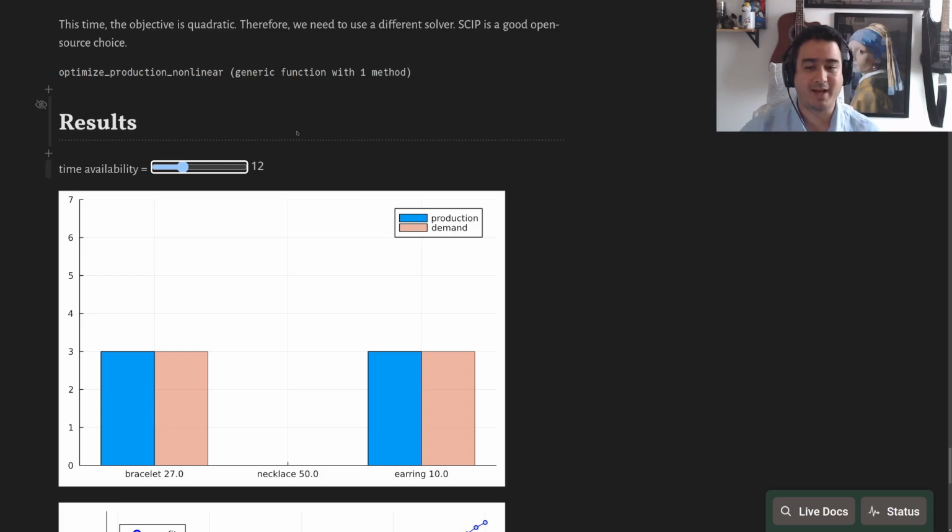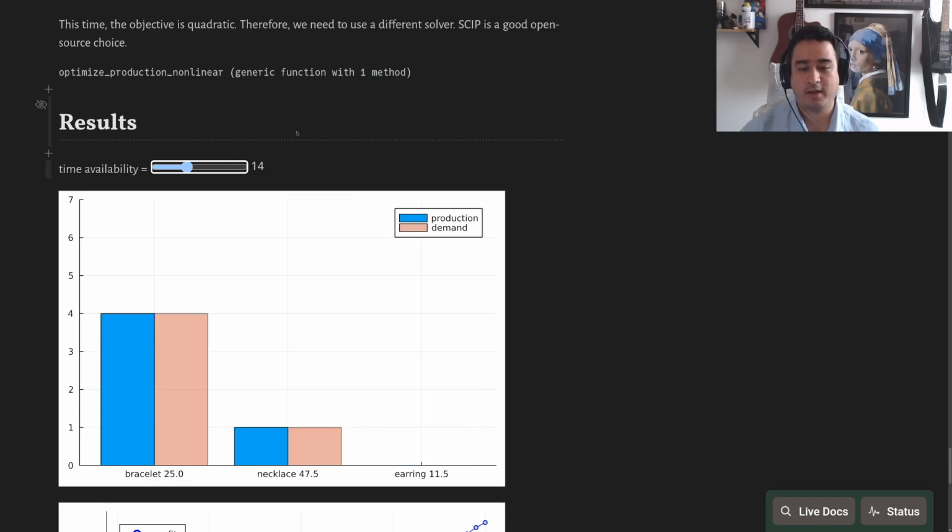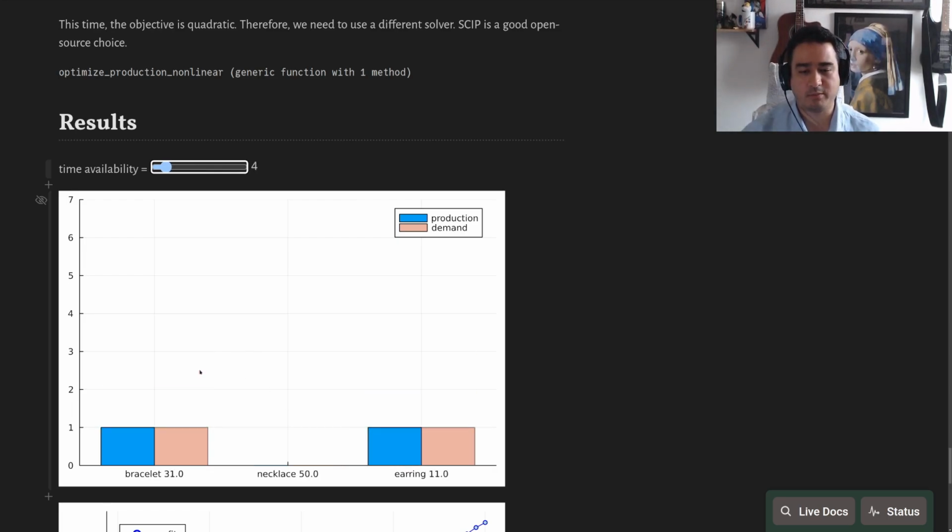Otherwise, you will not be doing that choice, and that happens continuously. Interestingly, you can see here that for the bracelets, we have 4 bracelets, which was our previous demand, and 1 necklace. And we were essentially always increasing the bracelet.